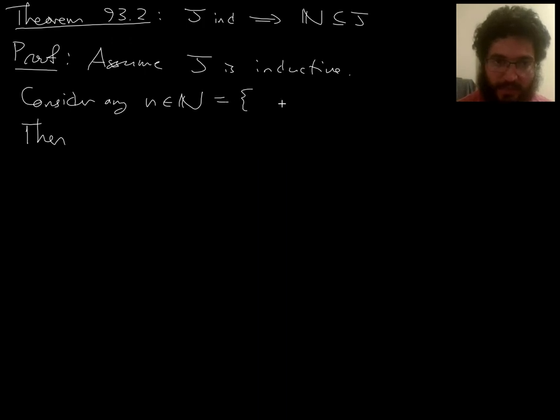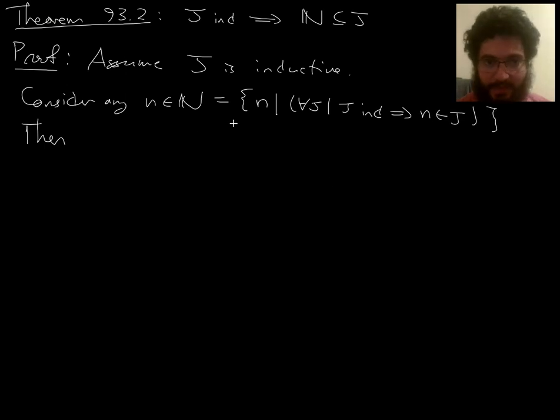The definition is that it's the set of things that are in every inductive set. Right? That's the definition. So then, using axiom 5, this condition holds with n in place of N.